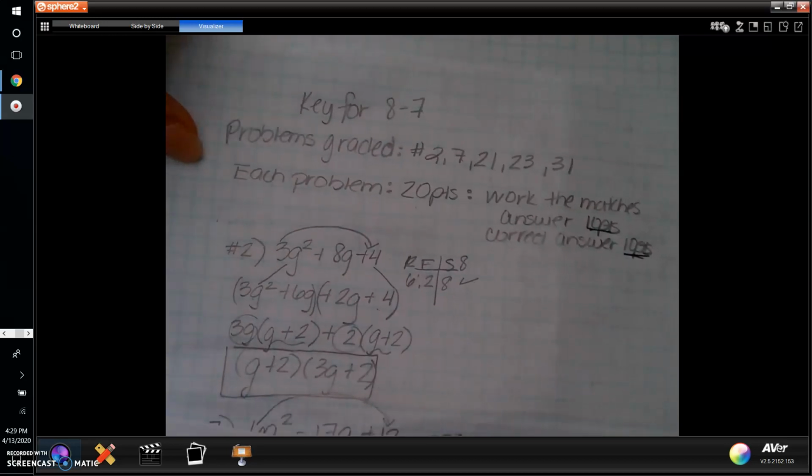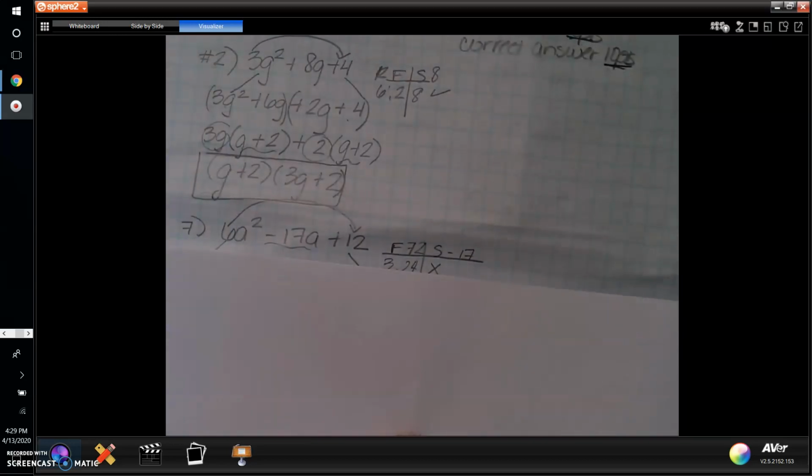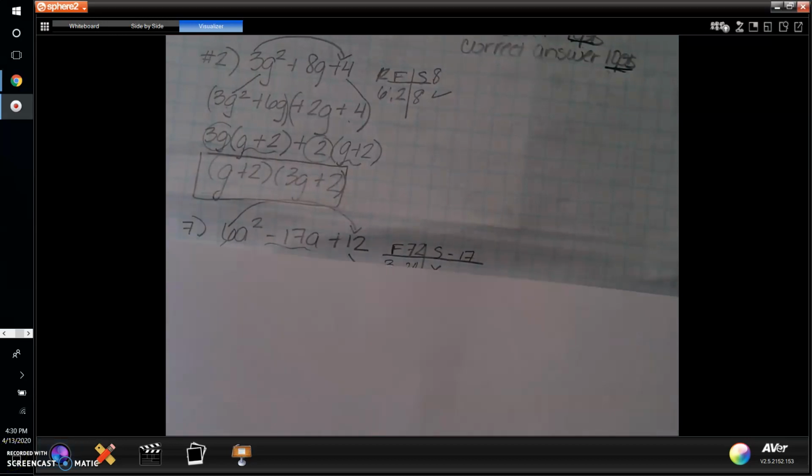Okay, let's look at number 7. We're still just factoring 6a squared minus 17a plus 12. Multiply this 6 times this 12, which gives me 72. And I have to get a sum or combination to give me negative 17.